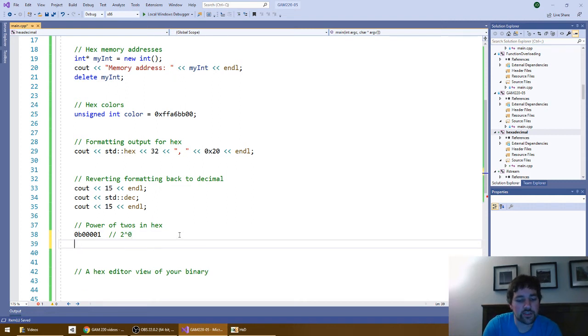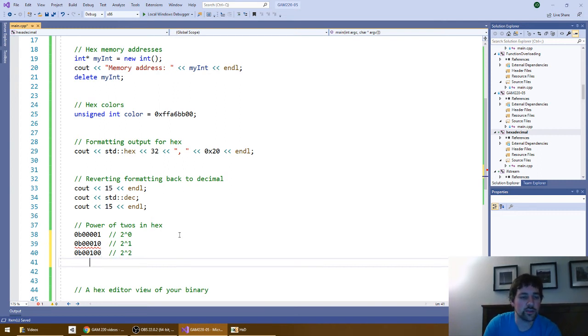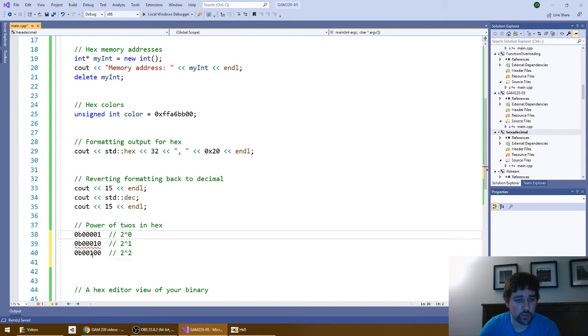The next one is 2, which is 2 to the 1st power. And the next one is 4, which is 2 squared, and so on. This is fairly straightforward in binary. You just move the digit over, like left shifting.